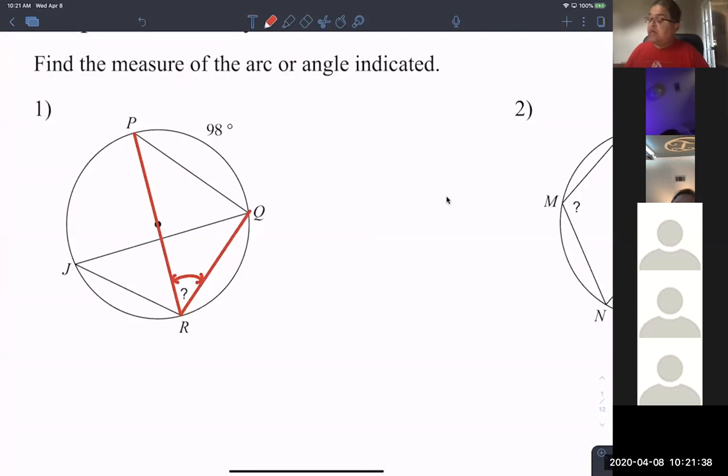So what you want to do is say, okay, well, what's the relationship between this angle and the arc? Well, this is the associated arc right here. And the arc is 98 degrees. So what does that make the angle? 49. 49, good.